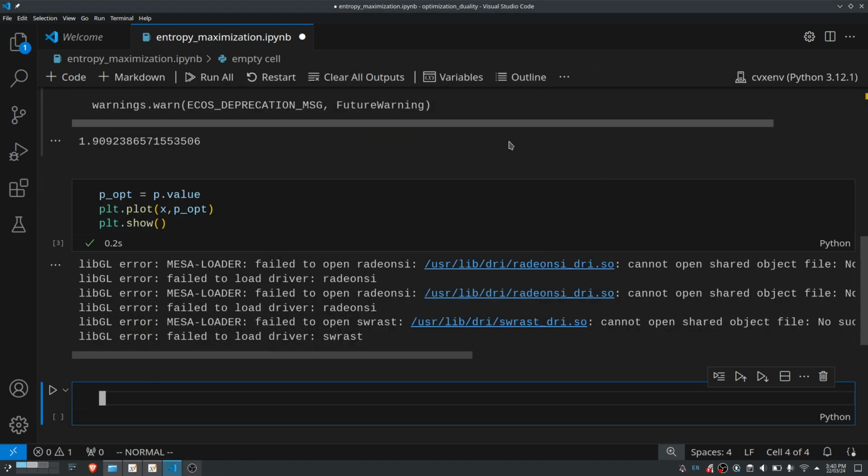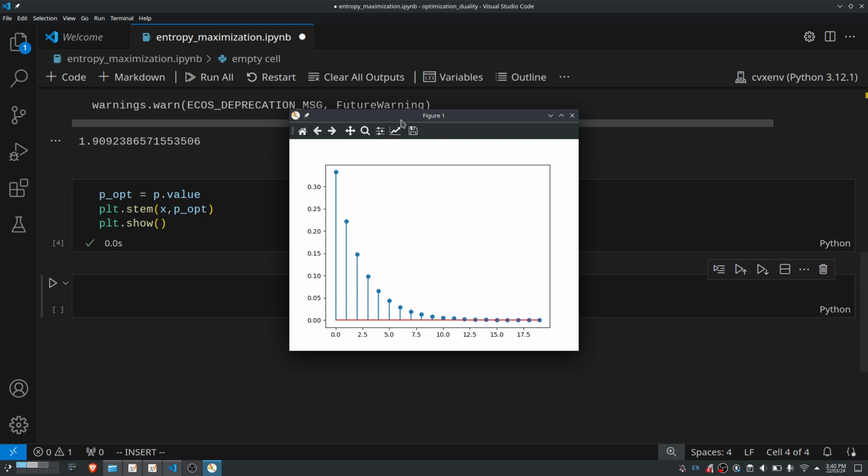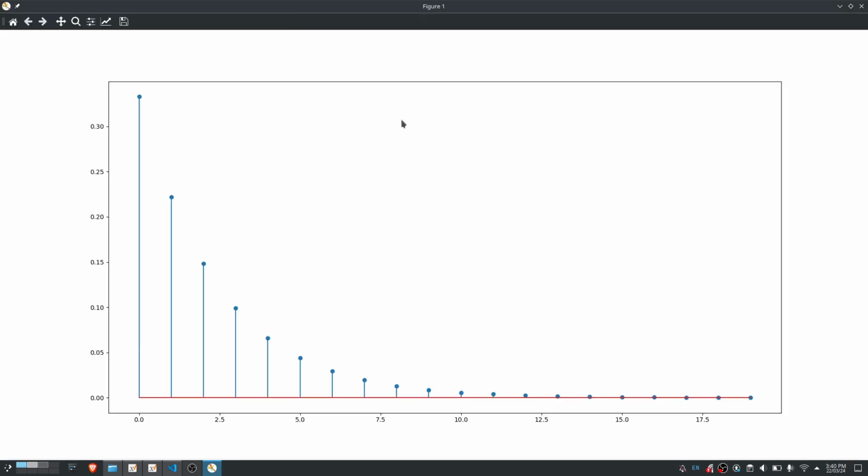Okay, sure. I used stem. This turns out to be the PMF that achieves the maximum entropy subject to this mean constraint.